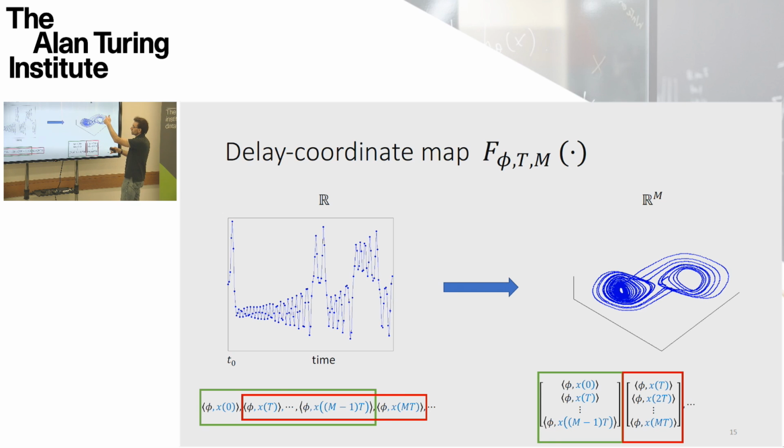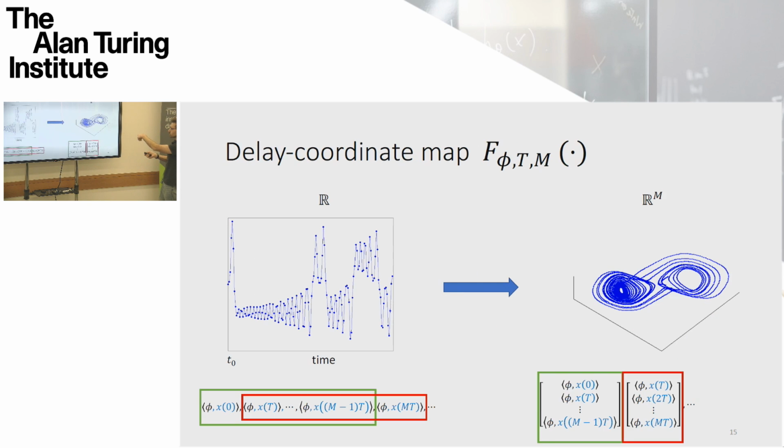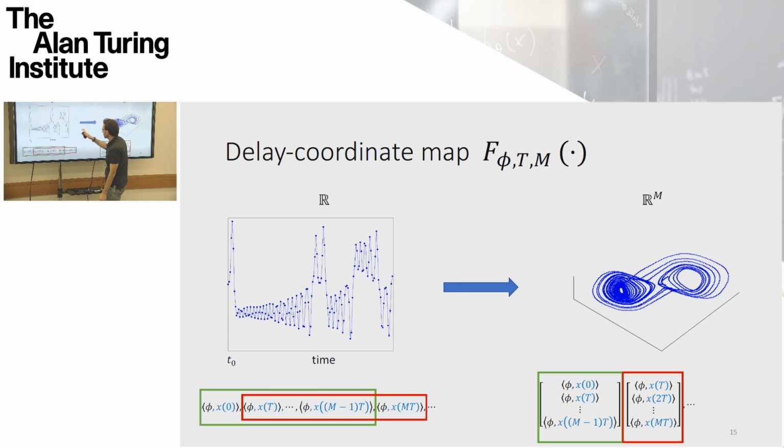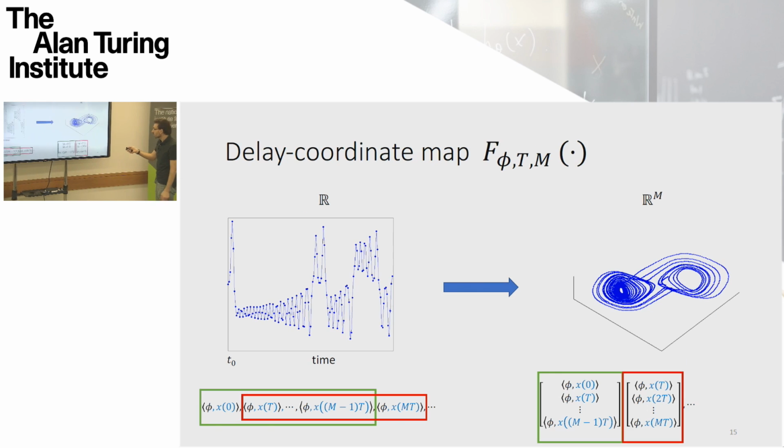I think m is 3 here. The map from that very first trajectory to this one is called the delay coordinate map. What's remarkable is that we only use the time series data to generate this trajectory, and yet it looks remarkably similar to the original one.